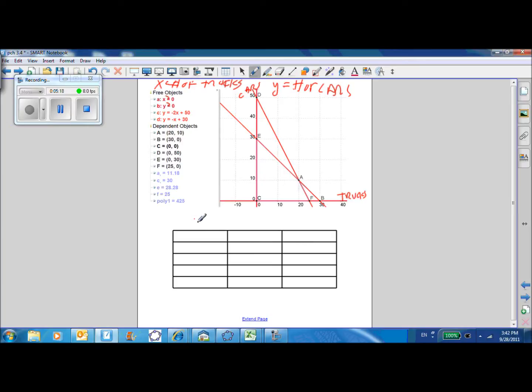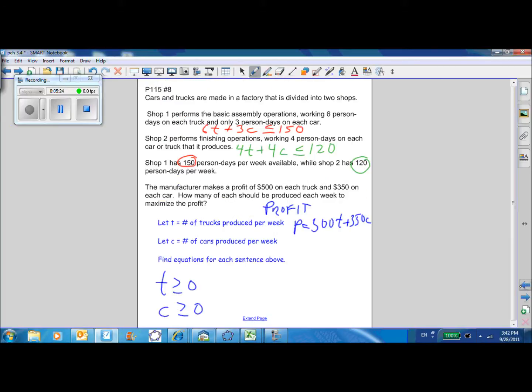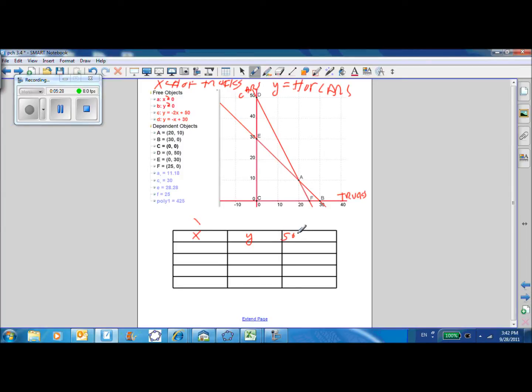So here's x and y as we go into our expression. And the expression from before was 500t plus 350c. So that's 500x plus 350y. Now also, these are both less than or equal to.